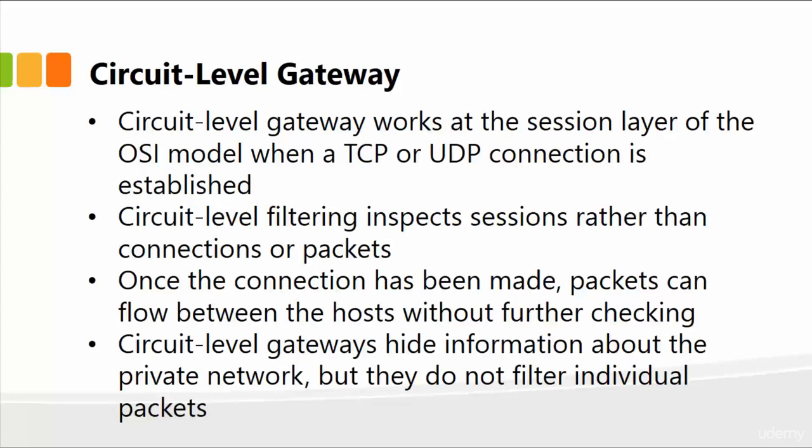So once the connection, for example, has been made, packets can flow between the hosts without further checking. The circuit level gateways hide information about the private network, but they do not filter individual packets. So the main difference between the circuit level gateway versus your basic TCP/IP filtering is that it only is concerned with sessions.